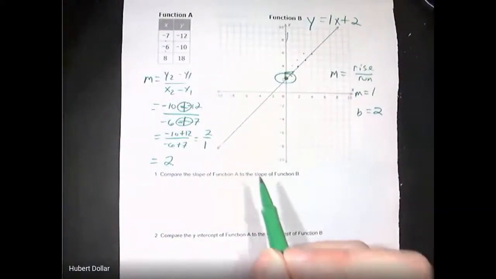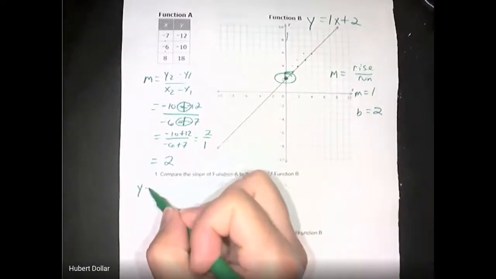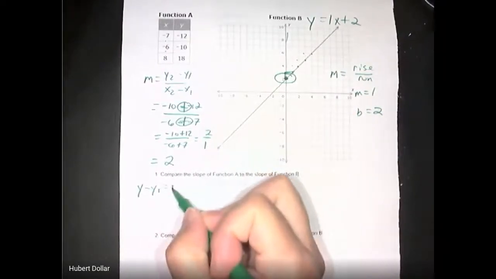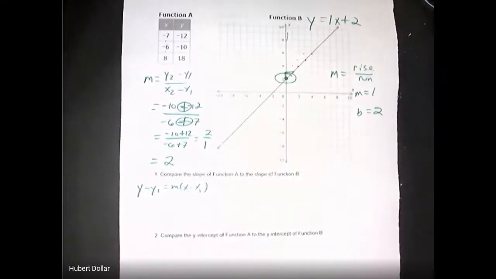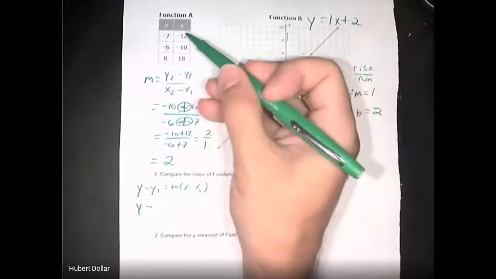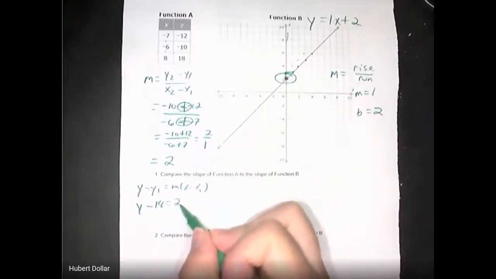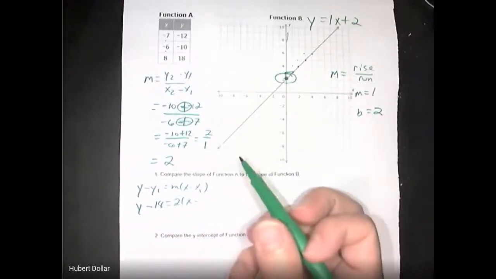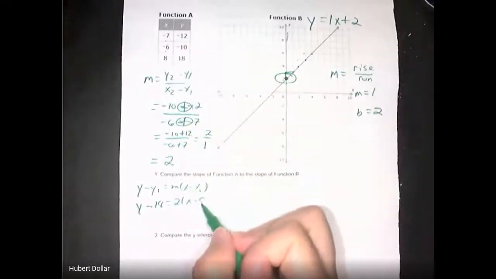Now, I must use the formula y minus y1 equals slope times x minus x1 to find the equation. This is called slope point. So that's going to be y minus, I choose any y, I choose 18, equals the slope, which is 2, x minus x1. Since I chose 18, I must choose 8.